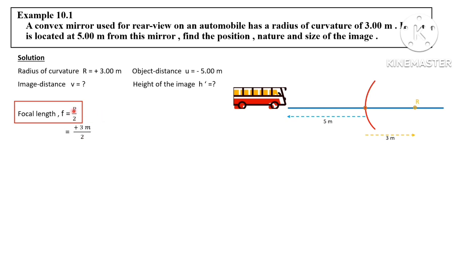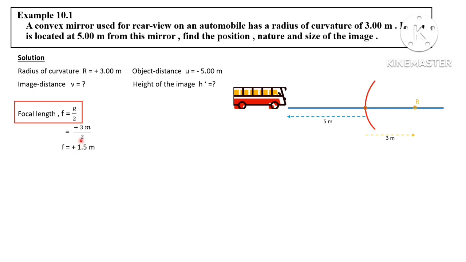Substituting the value of radius of curvature here, we can write it as plus 3 meter divided by 2. Here the radius of curvature is plus 3 meter, isn't it? So we are substituting the value of radius of curvature here, and by calculating this we can find that the focal length is plus 1.5 meter.